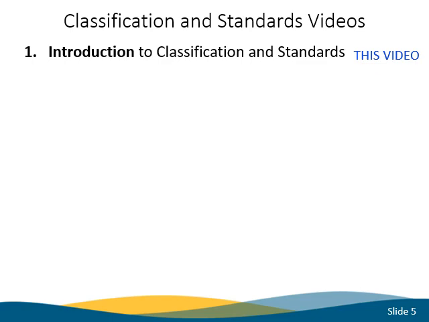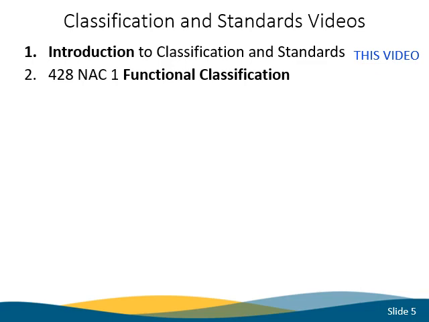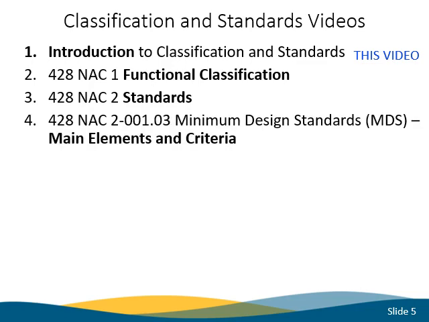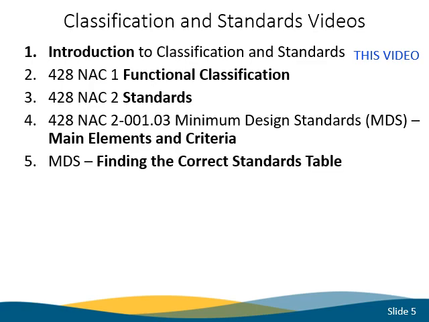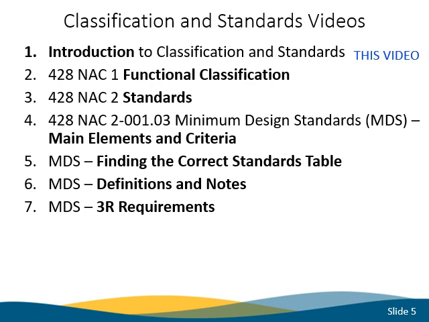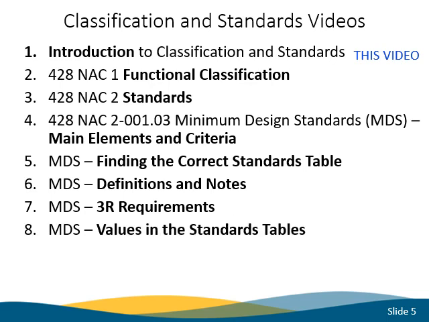Topics covered in other videos in this series include video number 2, the basics of Nebraska's functional classification system, video number 3, the standards, and beginning with video number 4, several videos covering the minimum design standards for county roads and municipal streets, including the main elements and criteria, finding the correct table for any given segment of a road or street with an example, definitions and notes, 3R requirements, finding the correct values in the standards tables with an example, and bridges and structures, which has 2 parts.